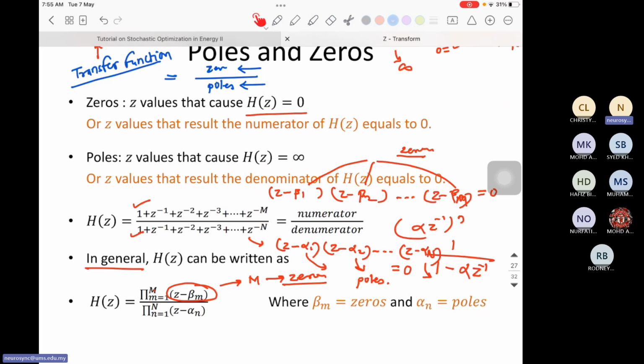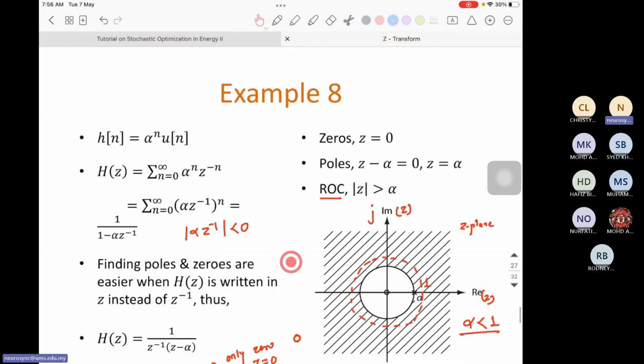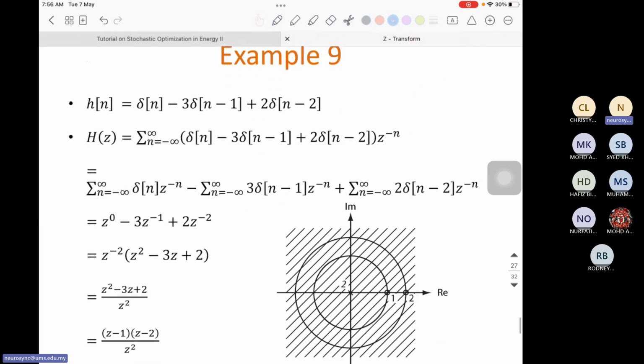Please understand, the poles determine the region of convergence and the stability. Zeros are not that important here, but the location of the poles is very important. As long as all the poles lie strictly inside the unit circle, the region of convergence will include the unit circle and the system will be stable.